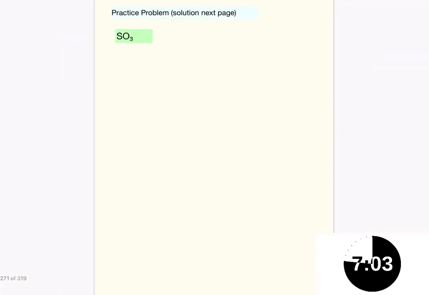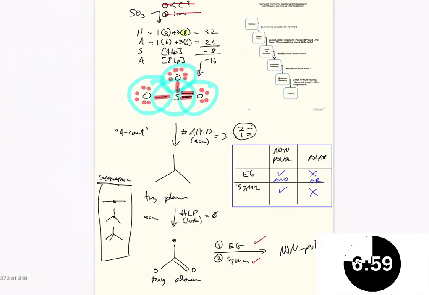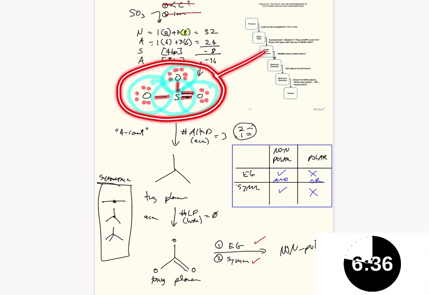So let me just show you what a practice problem might look like. And here you've got sulfur trioxide. All I want to point out here is that you can see the formula there, and then you can see from there you make the NASA table, and that will give rise to the Lewis dot structure.